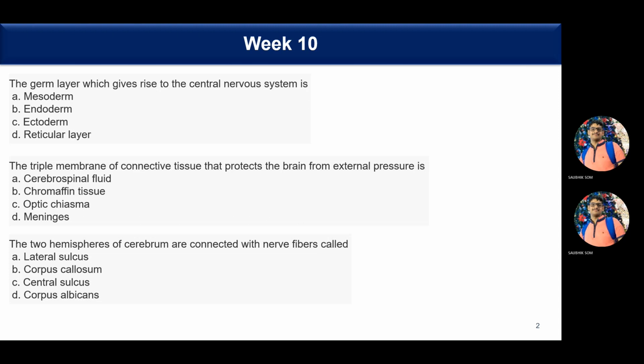The two hemispheres of the cerebrum are connected with nerve fibers called lateral sulcus, corpus callosum, central sulcus, or corpus albicans. The correct answer is the corpus callosum.